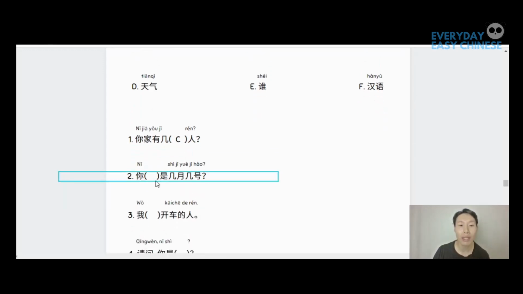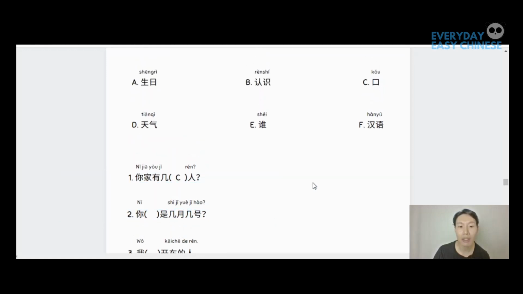Number 2, 你是几月几号? So let's find the blank. So over here it is A. Why? Because it is asking when is your birthday? 你生日是几月几号?